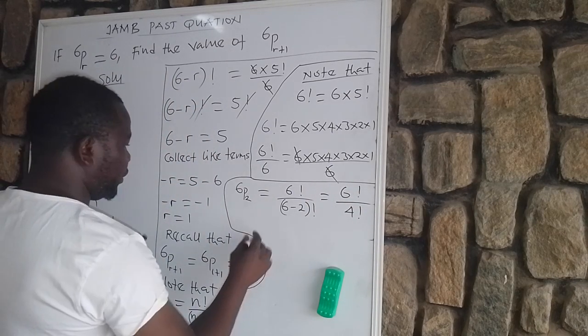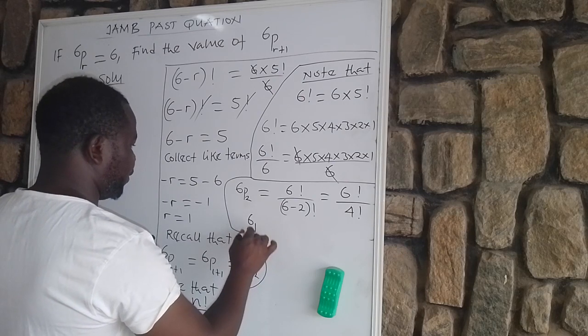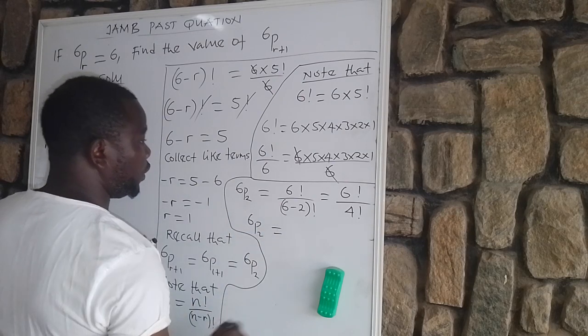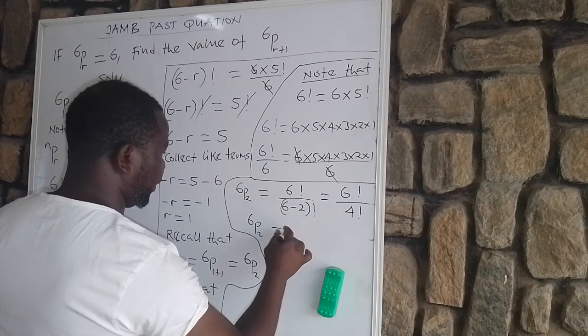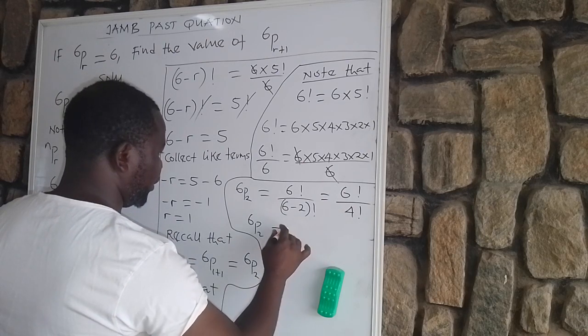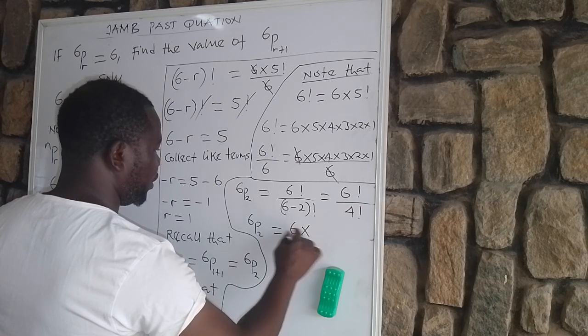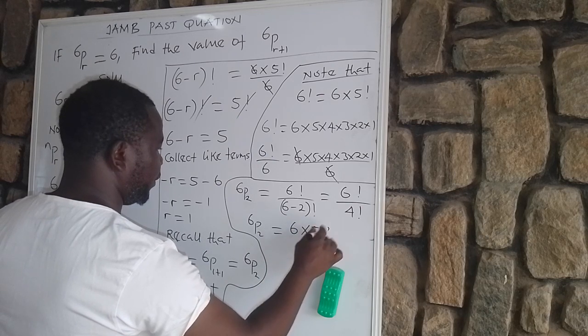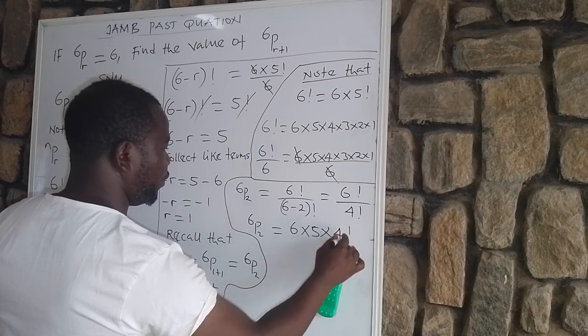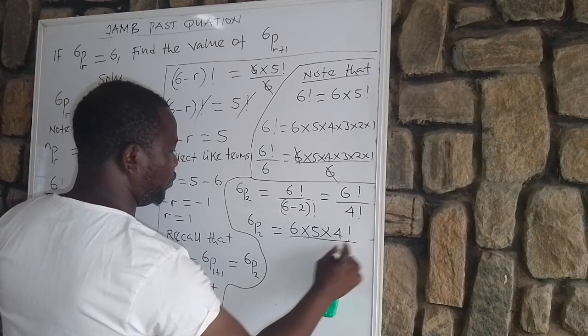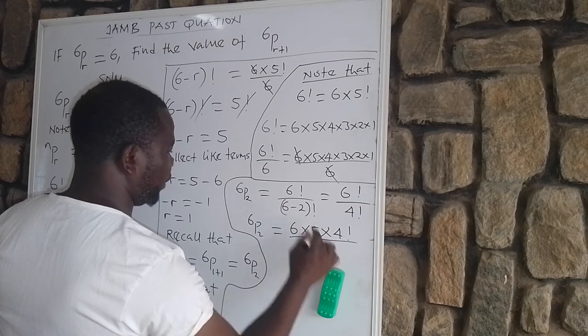So 6 permutation 2 is the same thing. Since we have 4 factorial, we can write it this way: 6 times 5 times 4 factorial all over 4 factorial.